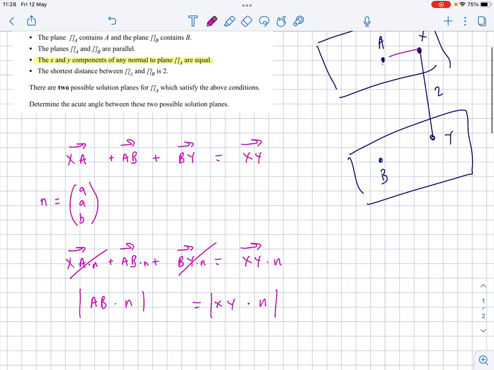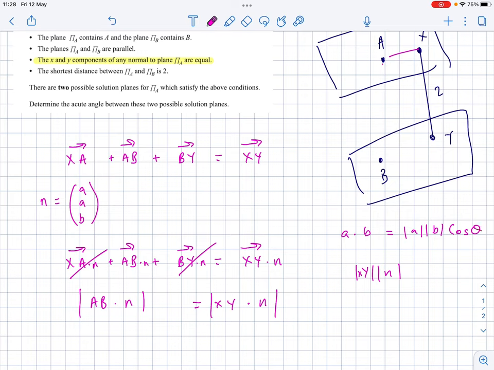Now, because XY is in the same direction as this normal, that means basically, if you look back at the notes, we can have the magnitude of XY times the magnitude of N. Okay? And that goes back to the idea that this overall rule is if you dot two things, it's equal to the magnitude of this.